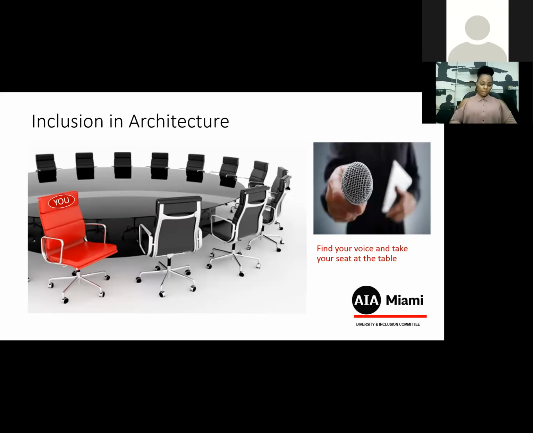Lastly, it's incredibly important for you to find your voice as a young architect and for you to find your seat at the table, right? There's a lot of conversation about getting your seat at the table, but what does that actually mean? That means being fully included in what is going on.